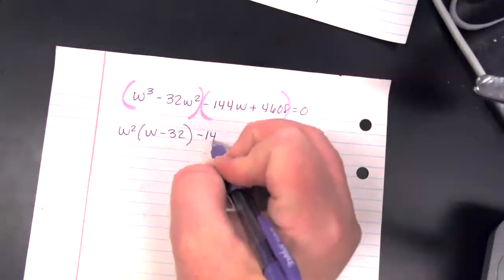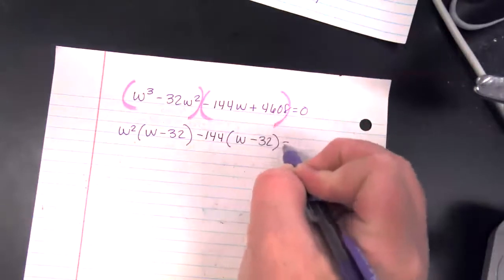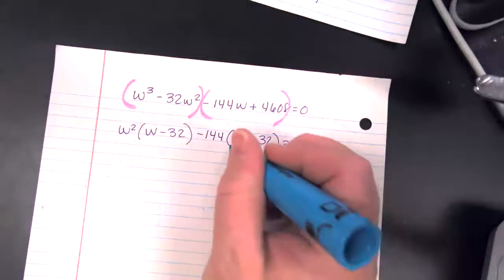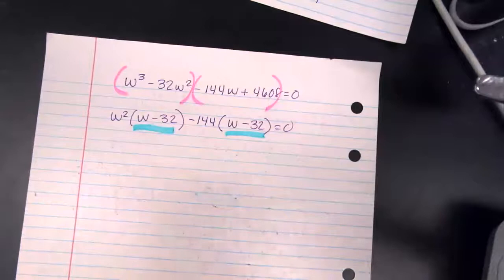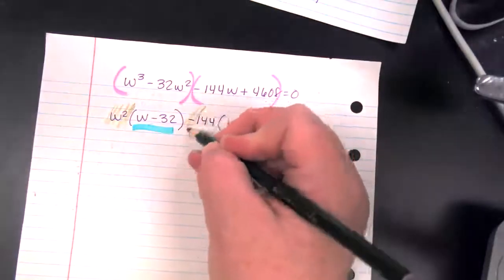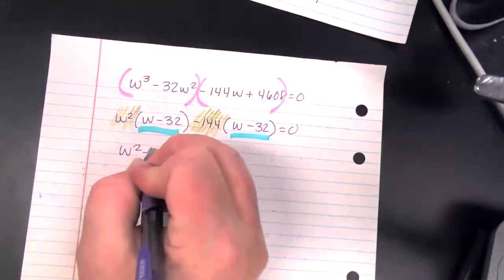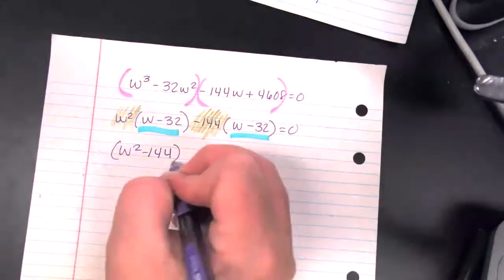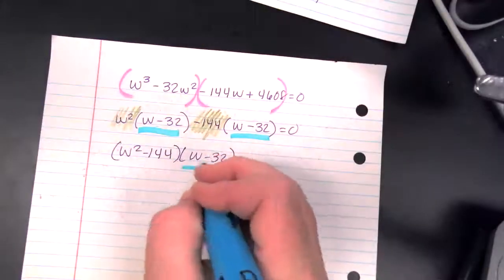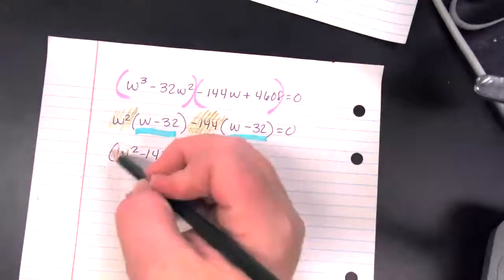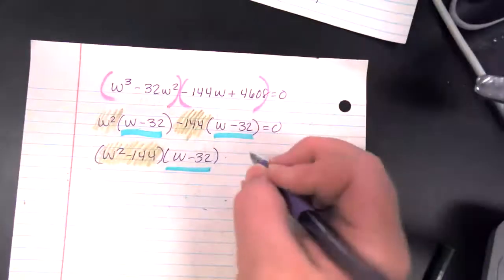So I'm going to take out negative 144 and I'm left with W minus 32 equals 0. That's good because look, I needed those two to equal one another, right? So W squared minus 144. Are you noticing that maybe, just maybe, that could be factored?